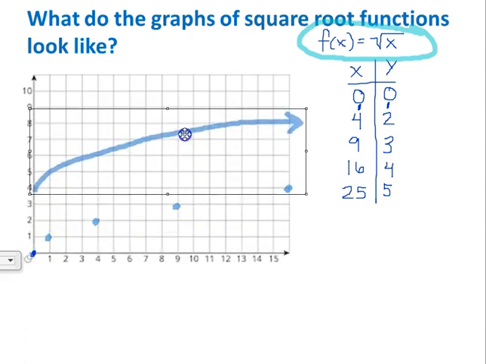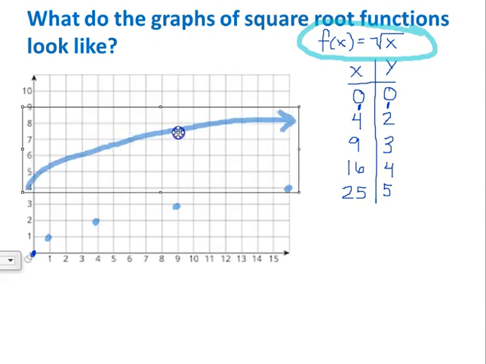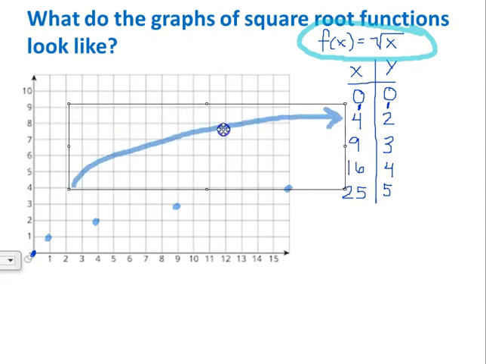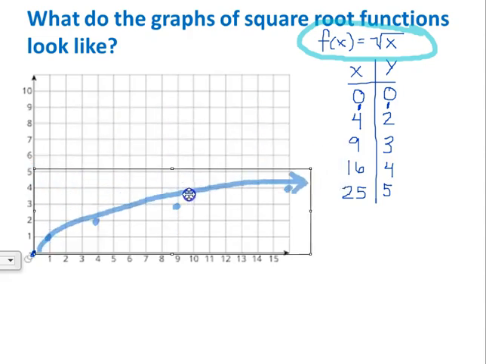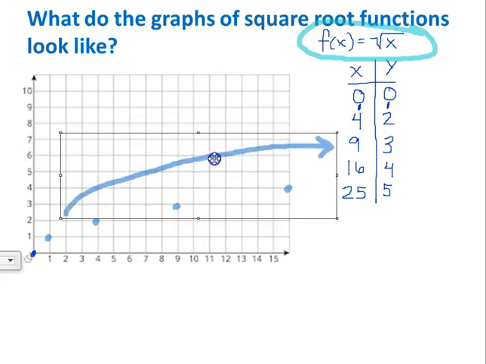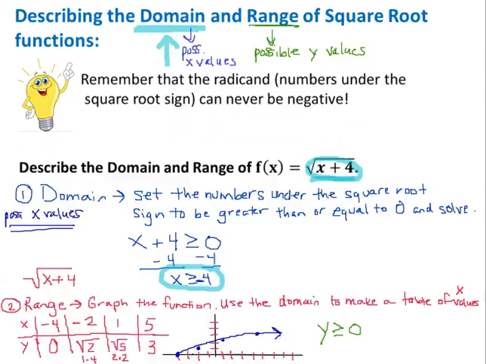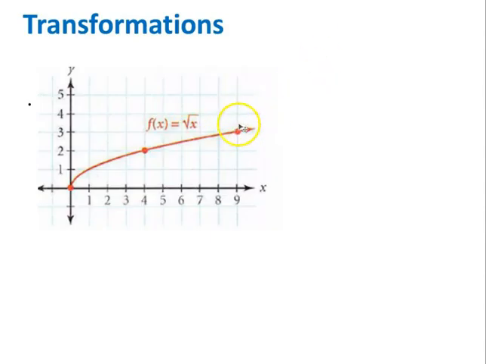We can move it right and move it left. We can translate it, transform it, reflect it. We learned that when we looked at quadratic functions. So we can take a graph of a square root function and move it about.